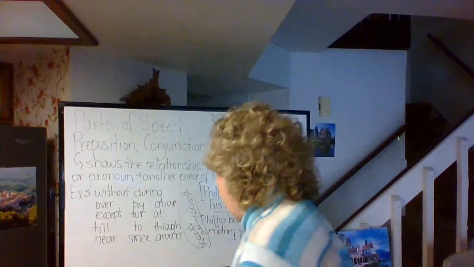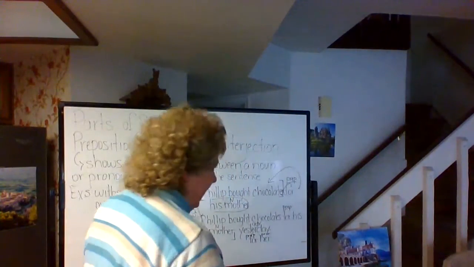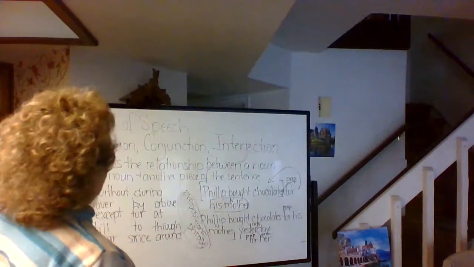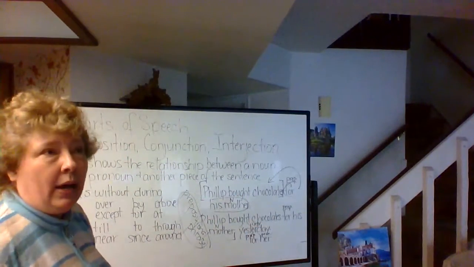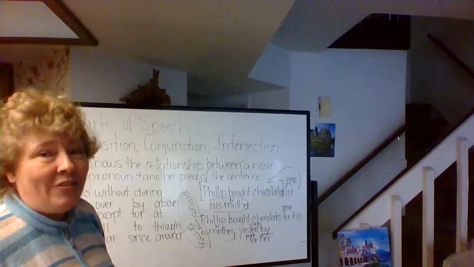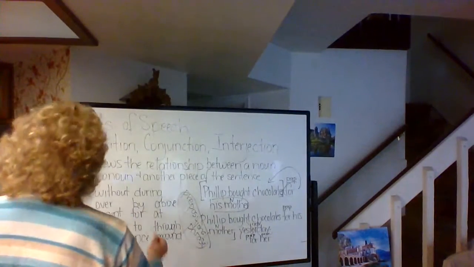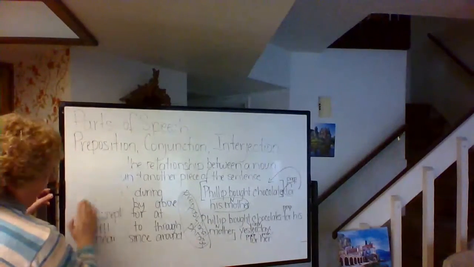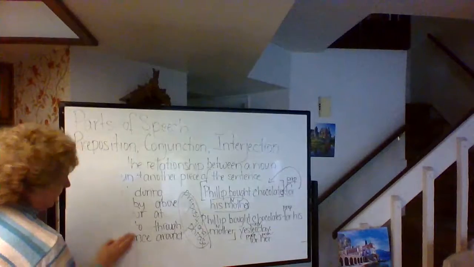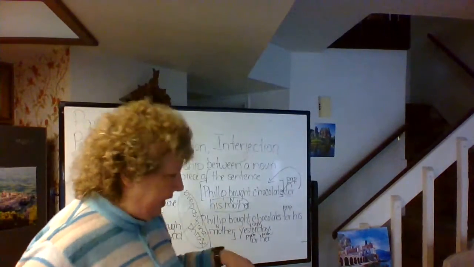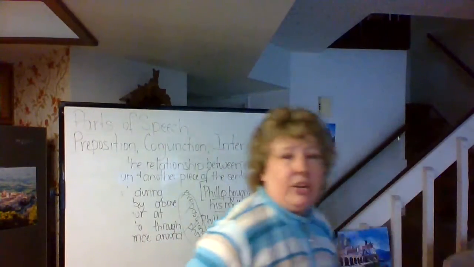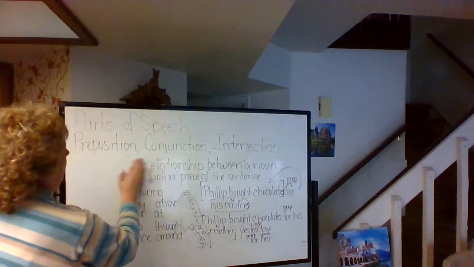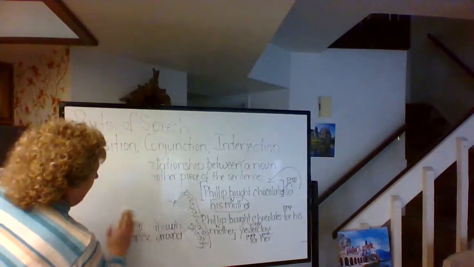Good job. Okay. So while I am over here trying to erase this and get us ready for conjunction, let us think about the 5 parts of speech that we already know so well. Okay, let's do this. The noun does what? What is the job of a noun? It names.